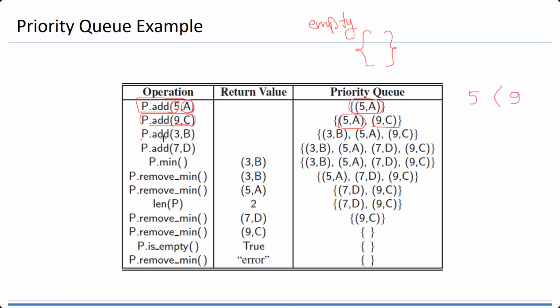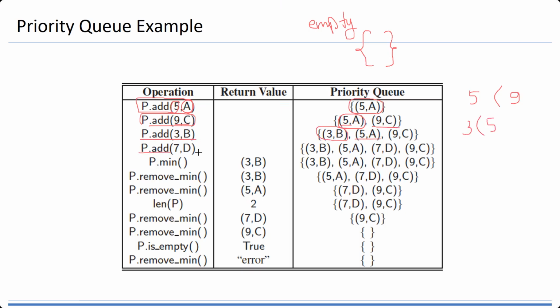Now I'm going to add another item, 3 comma B. So I need to check 3 with 5. I know that 3 is less than 5, so I put 3 before 5.